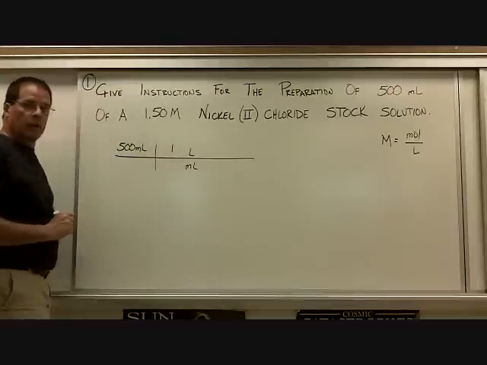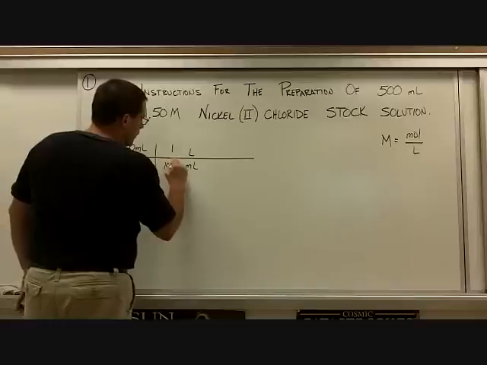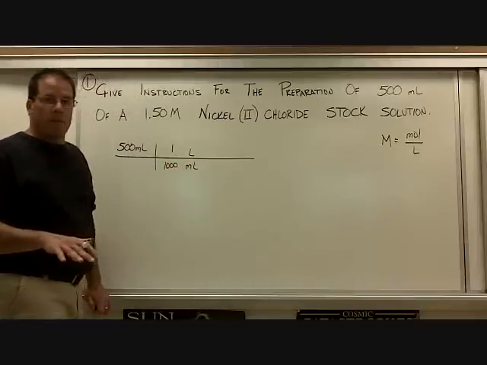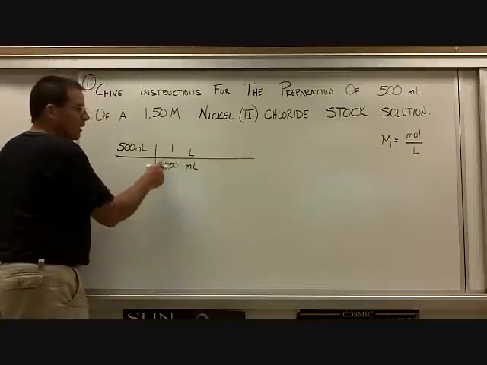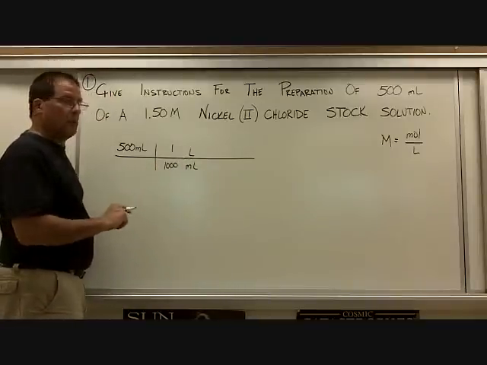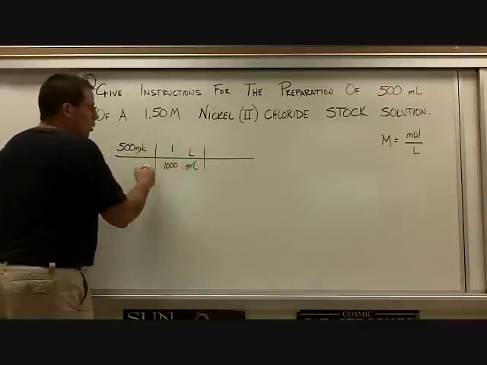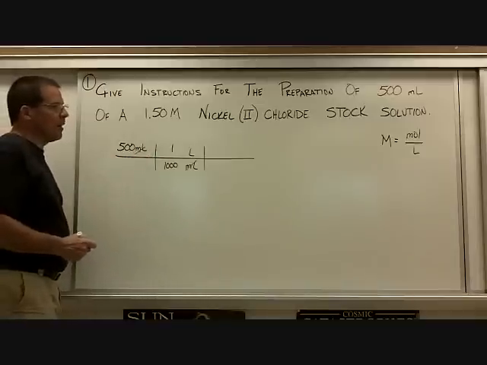Well, a liter is larger than a milliliter, and then we have 1,000 milliliters in a liter. And I don't mean to belittle that fact, but I want to make sure everybody understands. There's 1,000 milliliters in a liter, not 1,000 liters in 1 milliliter. All right, so now if we stop right there, we have 0.5 liters. Okay, that's the math that I did in my head.